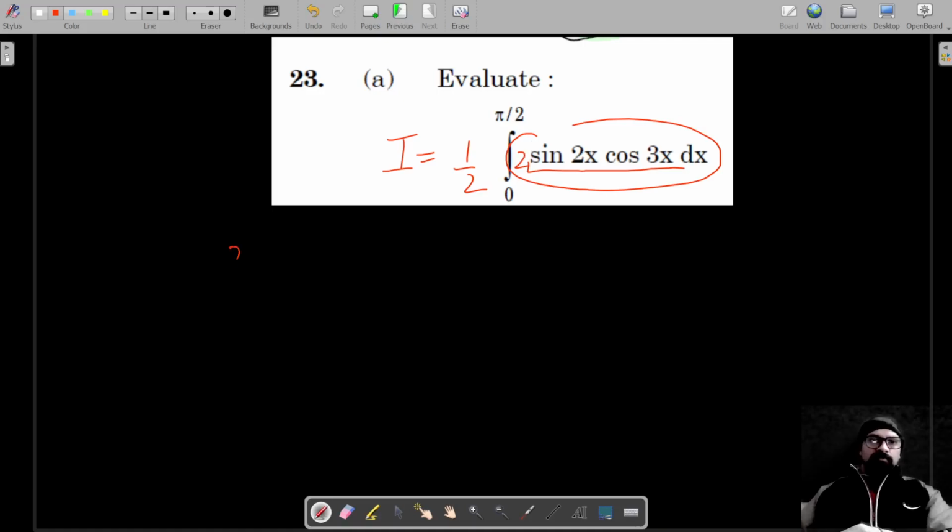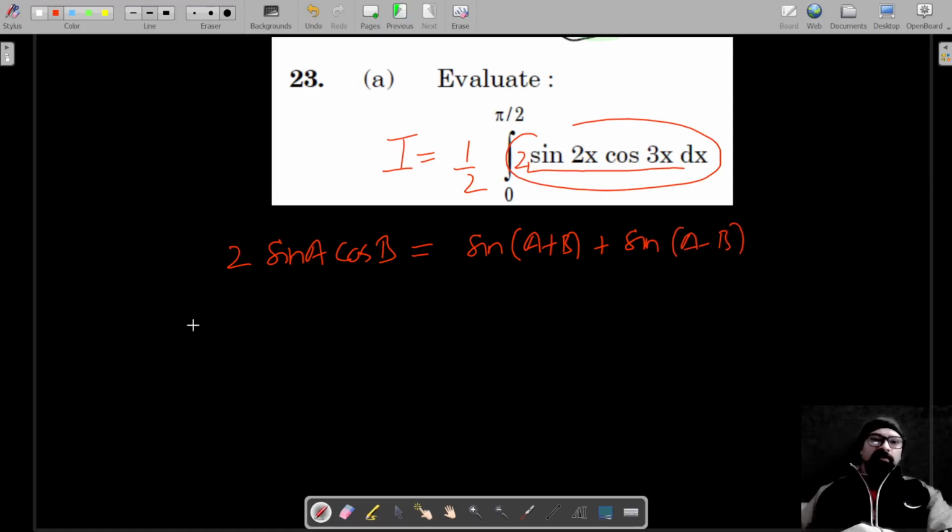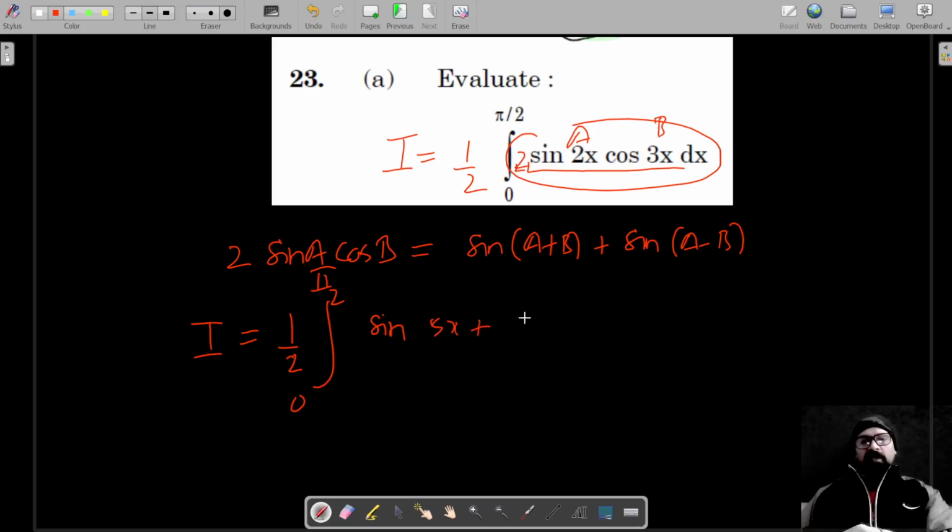So this is now 2 sine A cos B, which is equal to sine of A plus B plus sine of A minus B. And if we use this formula, our integral I is now equal to half, 0 to pi by 2, sine of A plus B, which is 5x, plus sine of A minus B. So 2x minus 3x is negative x.